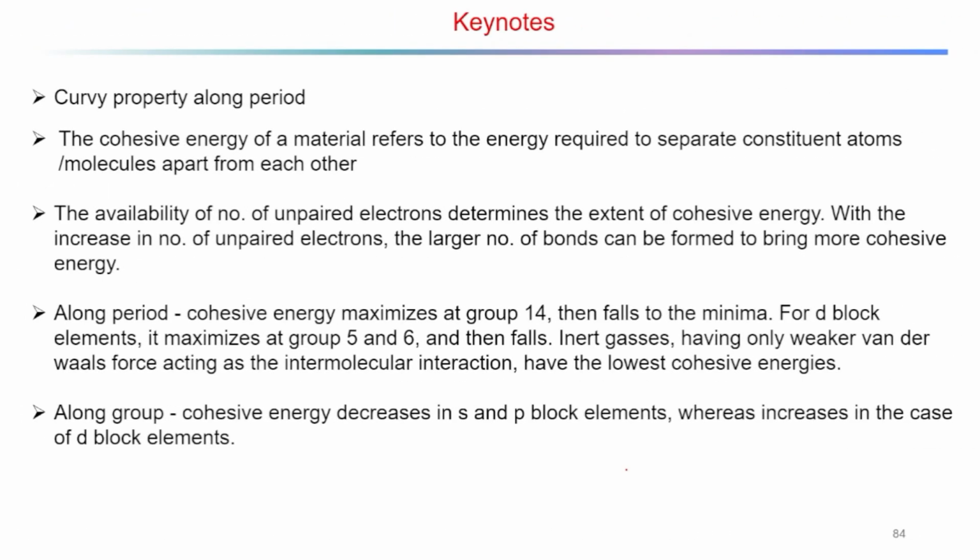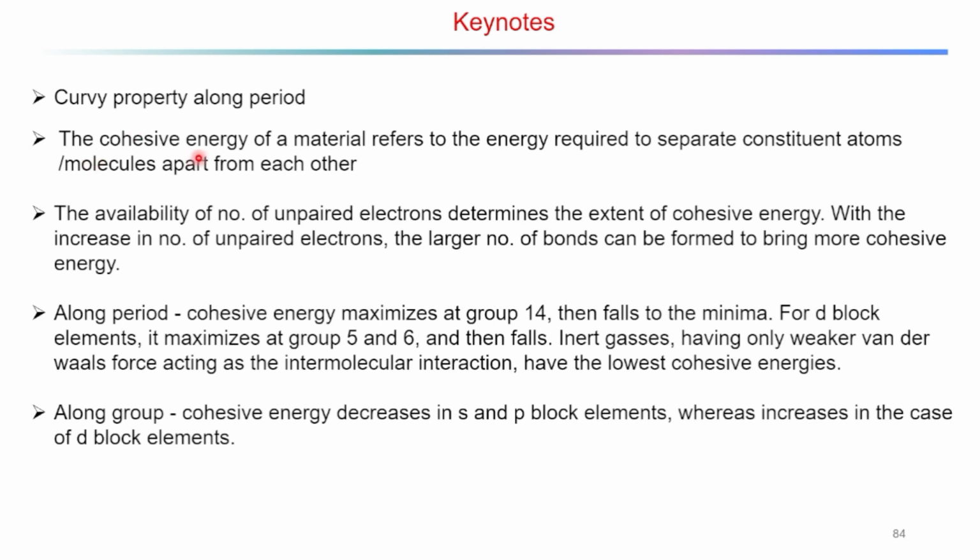So let's discuss the key points. We have observed that this trend in cohesive energy is actually a curvy property. First it increases, then becomes maximum at group 14 in case of S and P elements, and in group 5 or 6 in case of D block elements, and then it comes down.